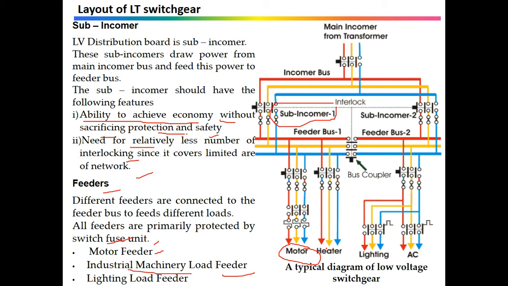And for the lighting load feeder, for lighting purposes, it is protected like the industry machine load, but an additional ELCB, that is an earth leakage circuit breaker, can also be provided here. It reduces any damage to life and property that could be caused by harmful leakage of current and fire.